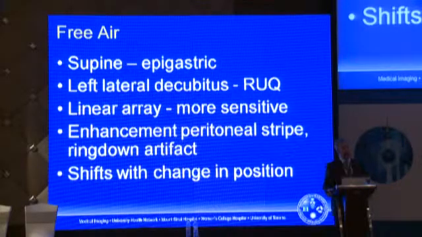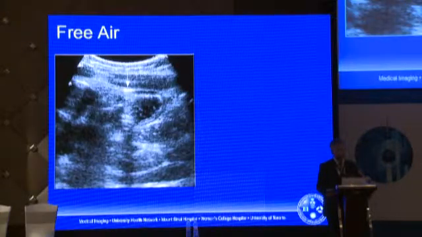If a patient has free air and they're lying supine, the free air will be here in the epigastric region, and then it's a bit like a spirit level. As you turn the patient and wait, the free air will rise to the antidependent area. So if the patient is left lateral decubitus or left posterior oblique, you can see air up over the liver. And you saw a nice example of that this morning.